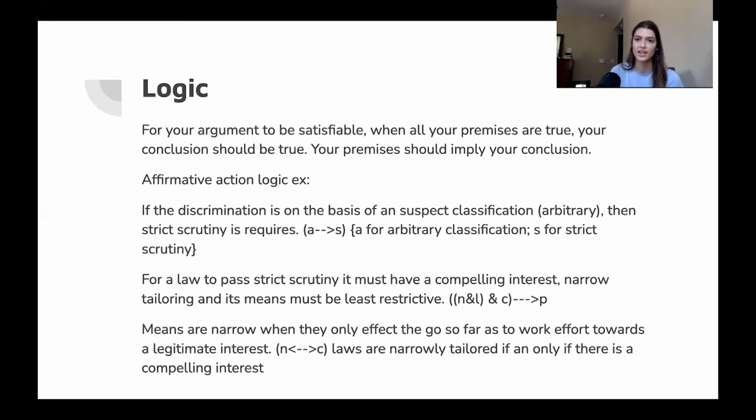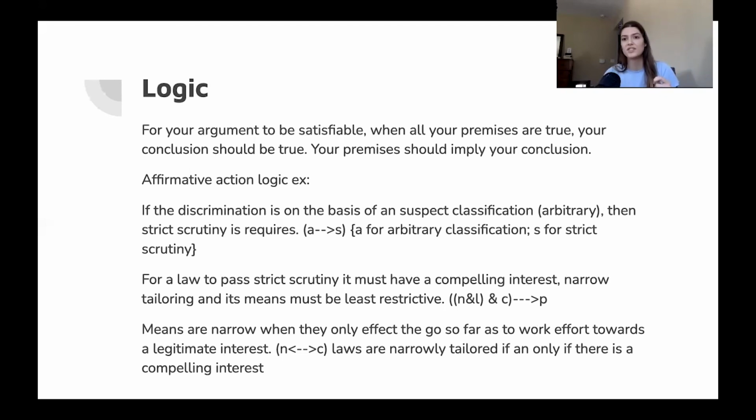Let's say that you cite a rule from Regents of California versus Bakke that says you can't use quotas for race-based affirmative action plans. So that would be a premise that you would have to accept for your conclusion to be true.